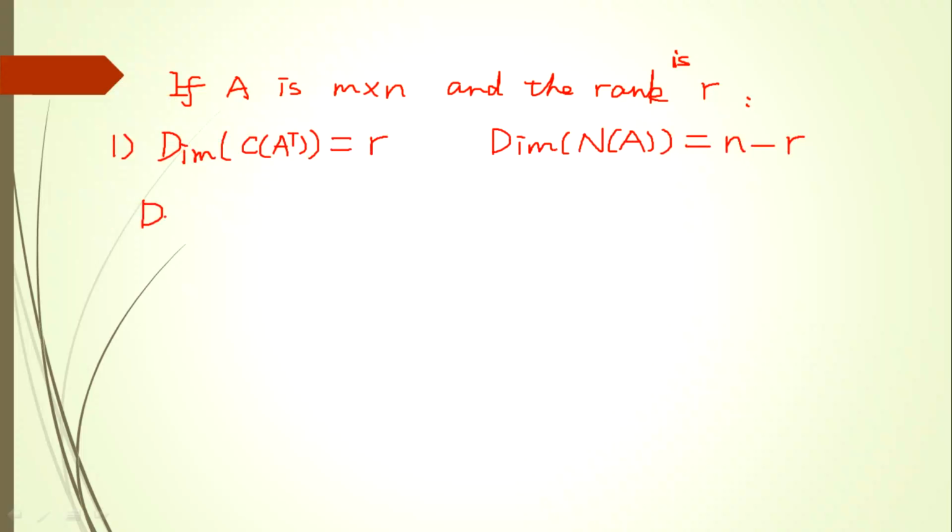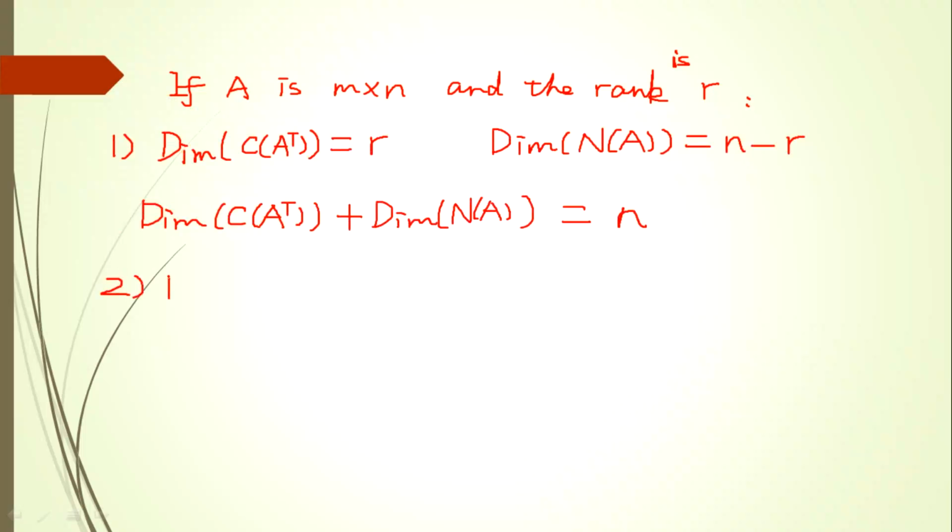So the sum of the dimension of the row space plus the dimension of the null space is n, which equals the number of columns.